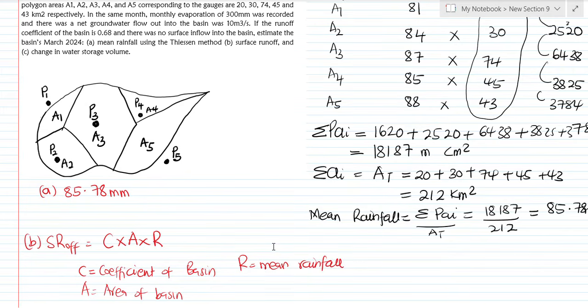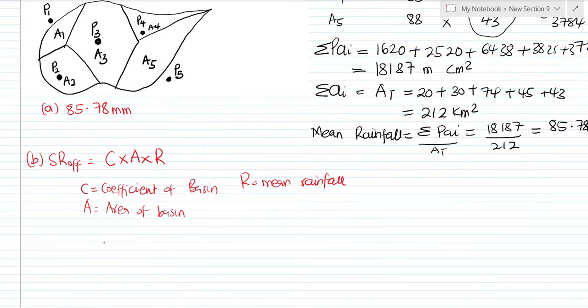That's how we find the surface runoff. C is given in the question as 0.68. We know the area to be 212 kilometers squared, and we know the mean rainfall to be 85.78 millimeters.